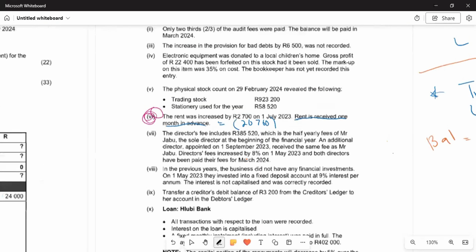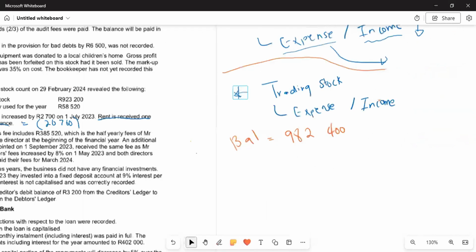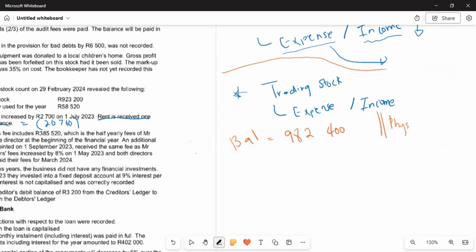All right, here is the physical stock count information. Now they say, okay, after conducting the physical stock count, these are the following balances. So in accordance to the physical stock count, our trading stock is worth 923,200.